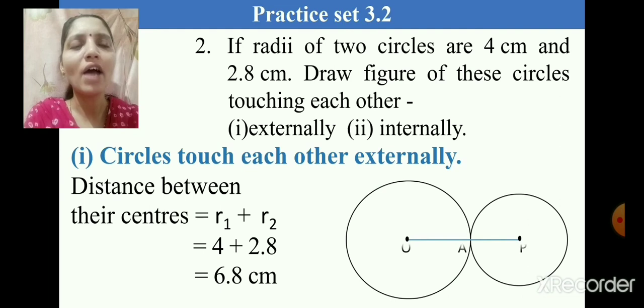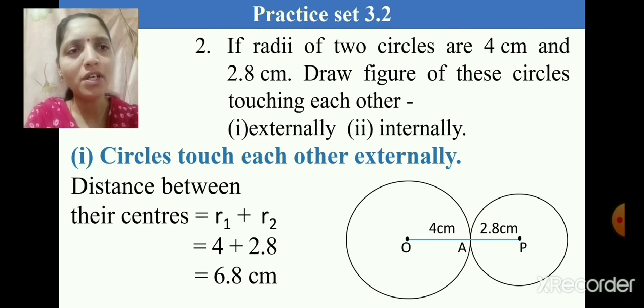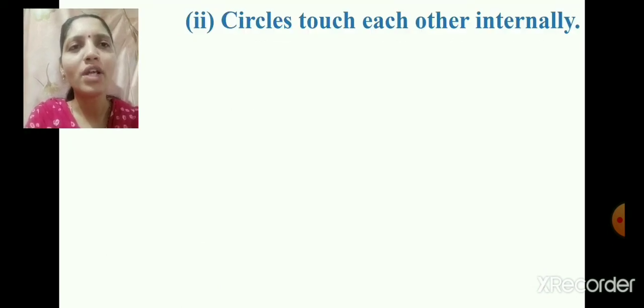Then show the segment OP and the point of contact as point A, or any name you like. Segment OA is 4 cm because it is the radius of the bigger circle, and segment AP is 2.8 cm, the radius of the smaller circle. I hope you all are understanding. Let's move on to the next part.